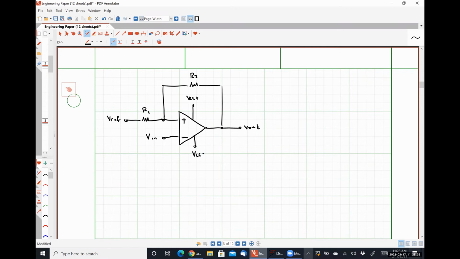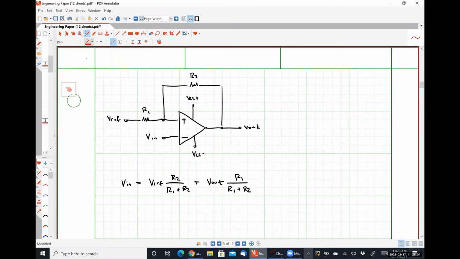So the fundamental characteristic equation for this guy is Vn is equal to Vref times R2 over R1 plus R2 plus V out multiplied by R1 over R1 plus R2.